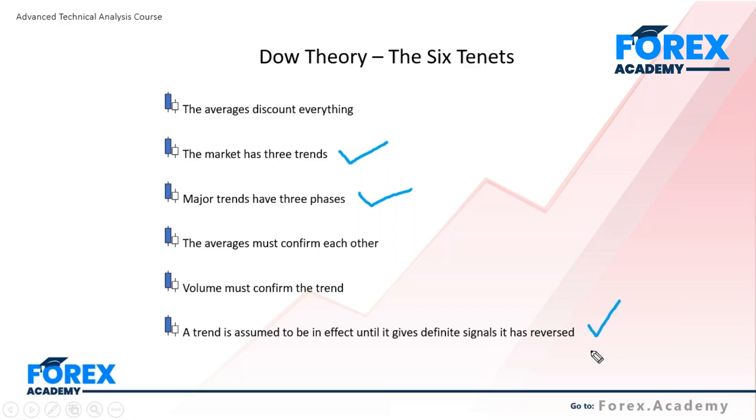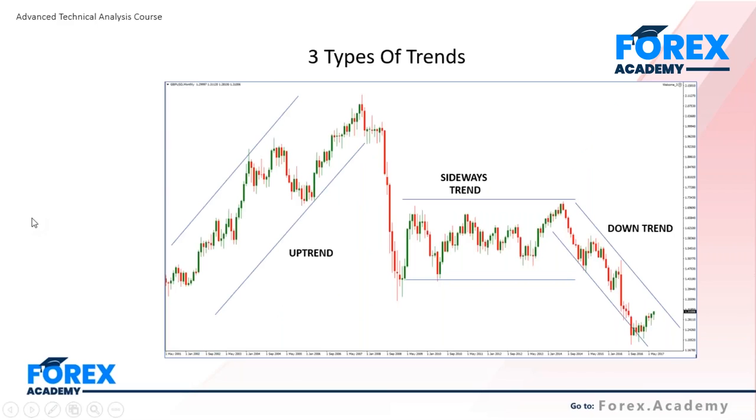That the market has 3 phases. And then finally, we'll always assume that the trend remains intact until we have enough convincing or confirming evidence that it has indeed reversed. Let's start off with the overview of the types of trends that exist in the market.